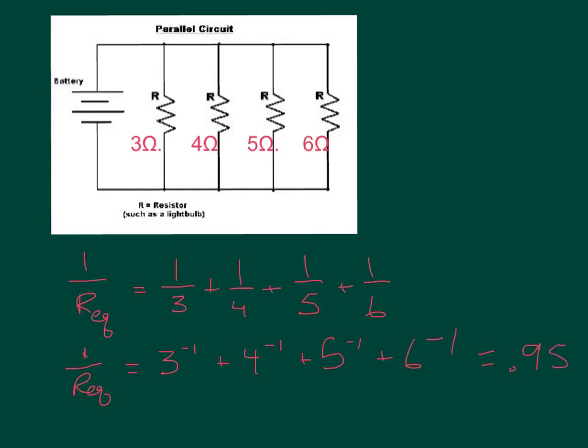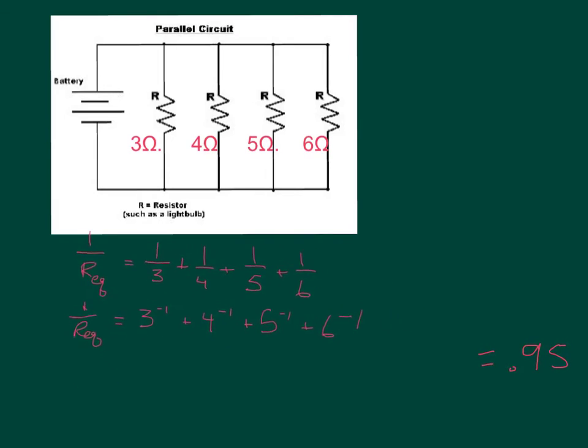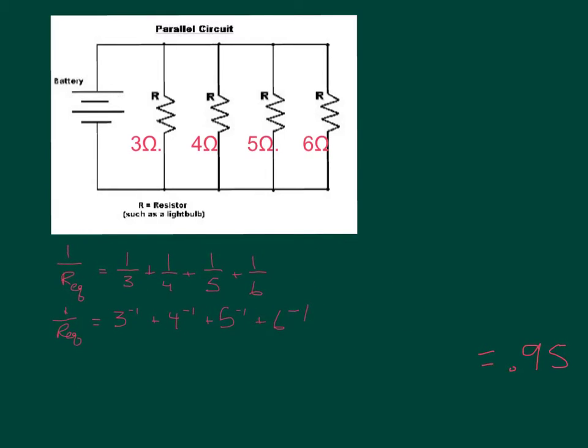Now one of the things we need to understand is that this answer here, the 0.95, is 1 over Req. We haven't taken that apart yet. So then we need to flip that over, and that'll give us 1.05.